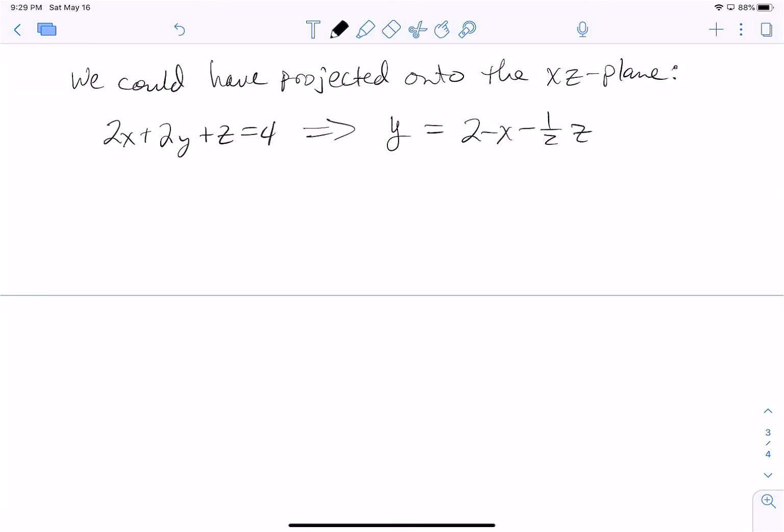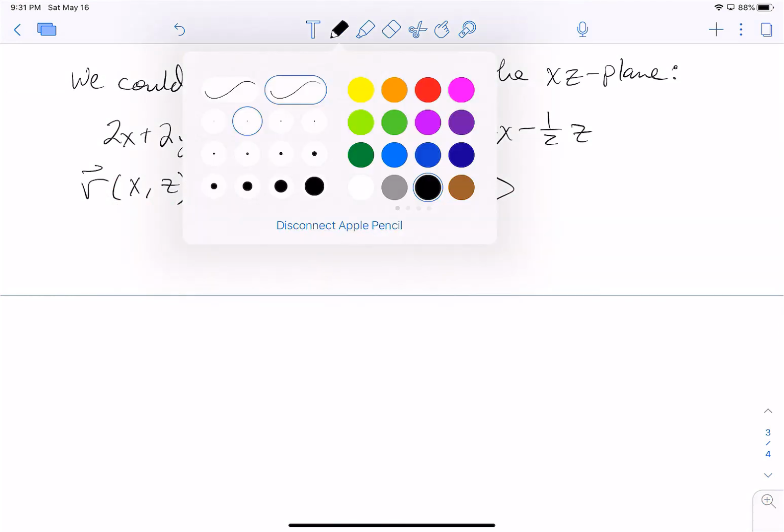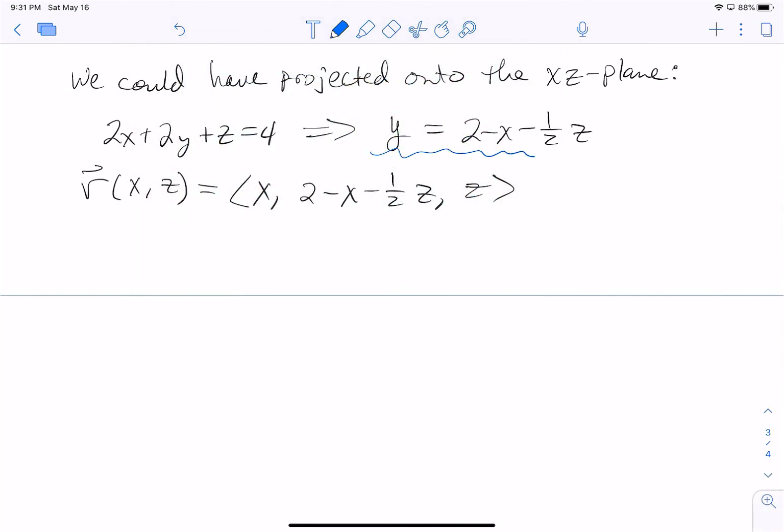So in this case, we would have r(x, z) = <x, 2 - x - 1/2 z, z>. Now at this point, we could either take the partials of r with respect to x and then z respectively and form the cross product, or go back to the equation we have, y = 2 - x - 1/2 z, and use that square root formula.